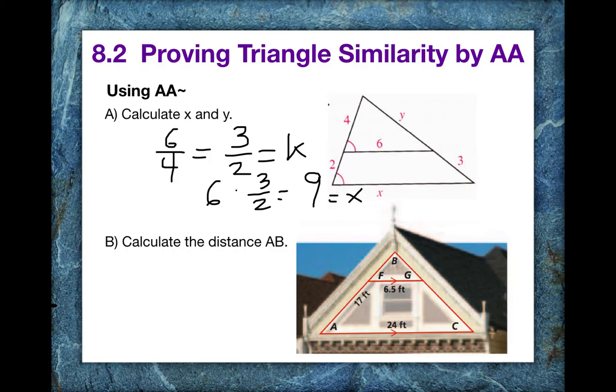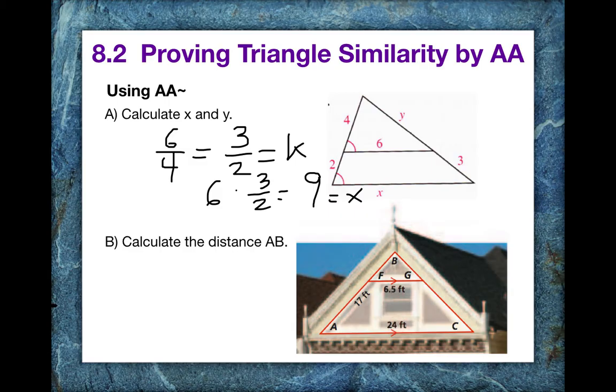In this next problem, I have a small triangle up here, and then I have my bigger triangle here, and I want to find out what AB is. So to find out AB, I'm going to use this side as corresponding to that.